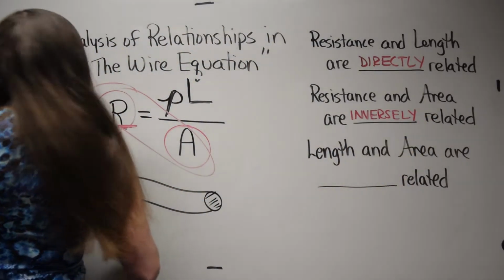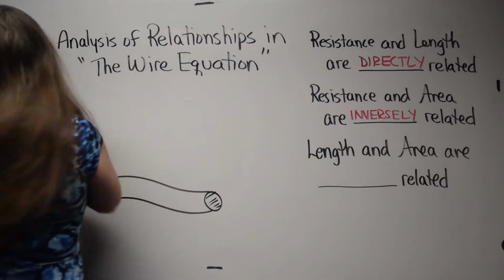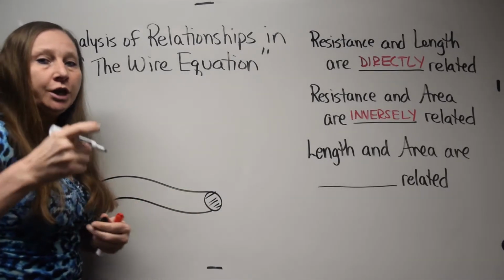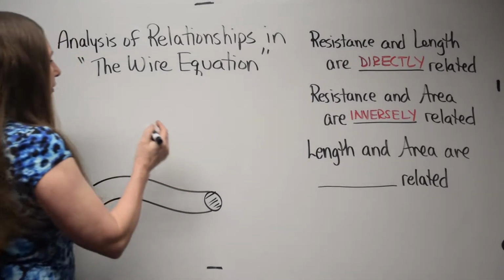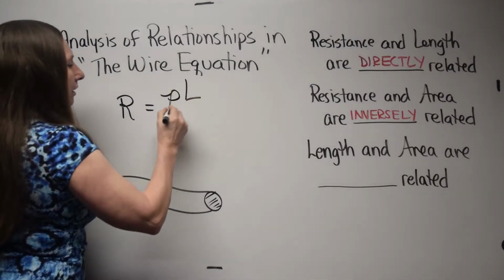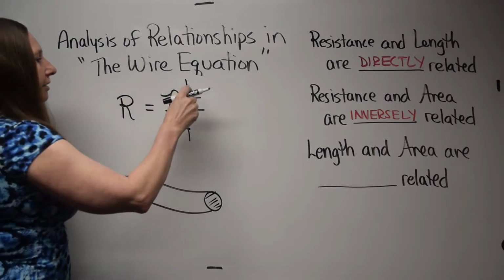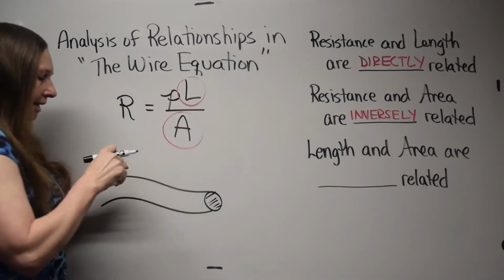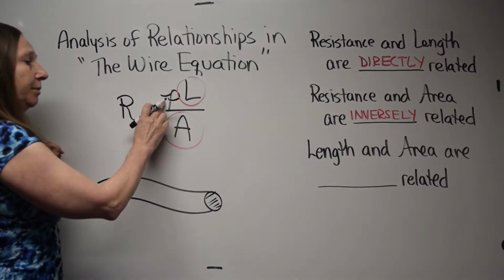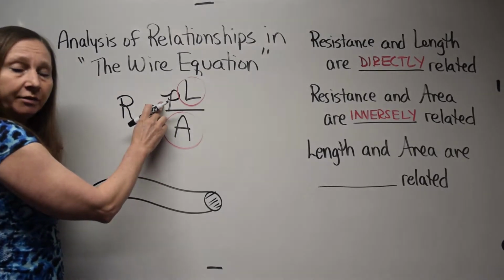Now, for length and area, keep this in mind. Changing the length of a piece of copper wire is not going to change its area. What you would have to do for that, R equals rho L over A. If you wanted to say how are length and area related, let's say that it's two pieces of copper wire, so that the resistivity is not going to change.